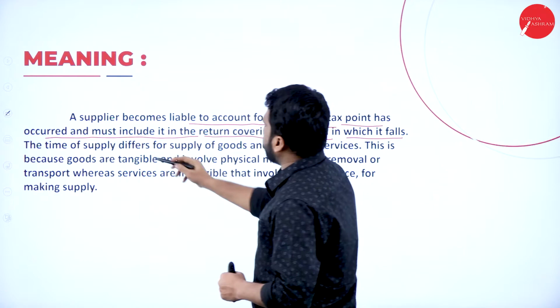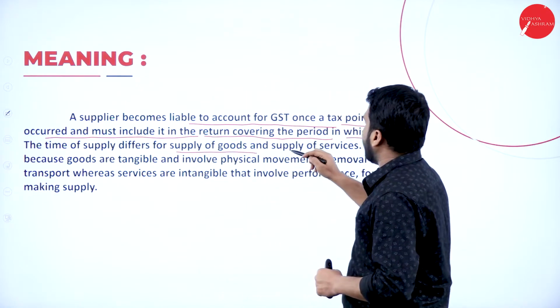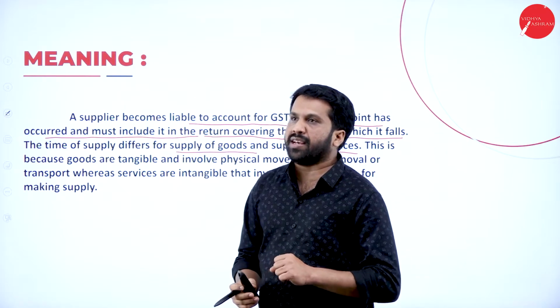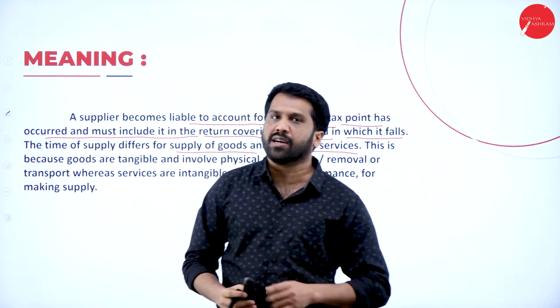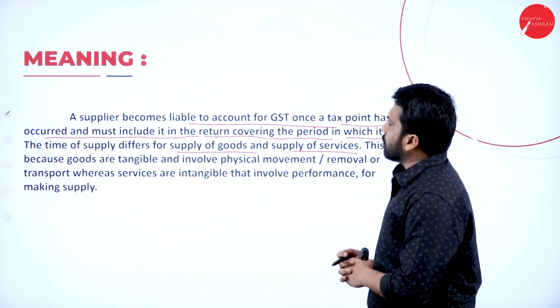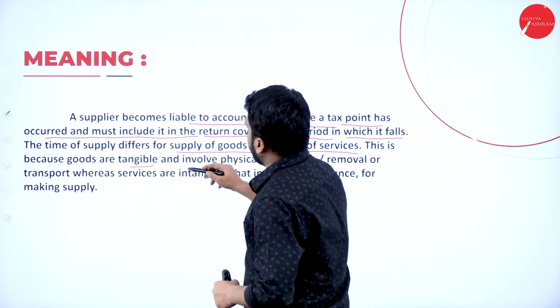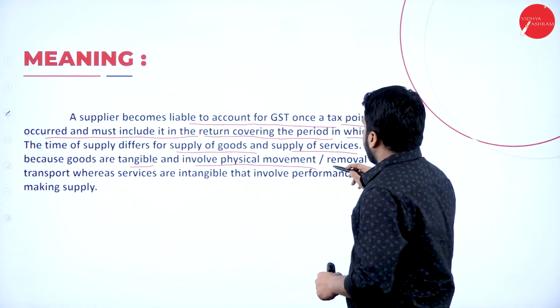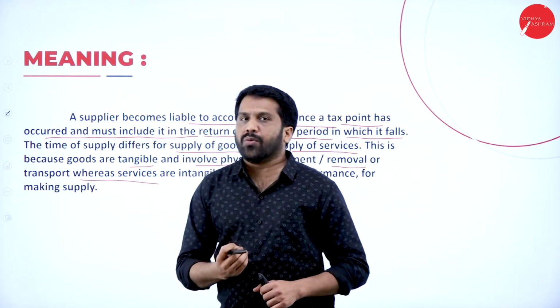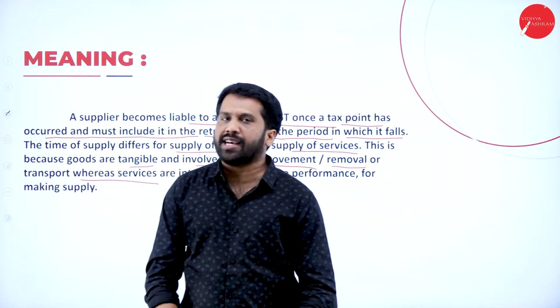The time of supply differs for supply of goods and supply of services. There is a different kind of time of supply in case of goods and in case of services. This is because goods are tangible and involve physical movement, removal or transport, whereas services do not. See, why is there a difference between goods and services?